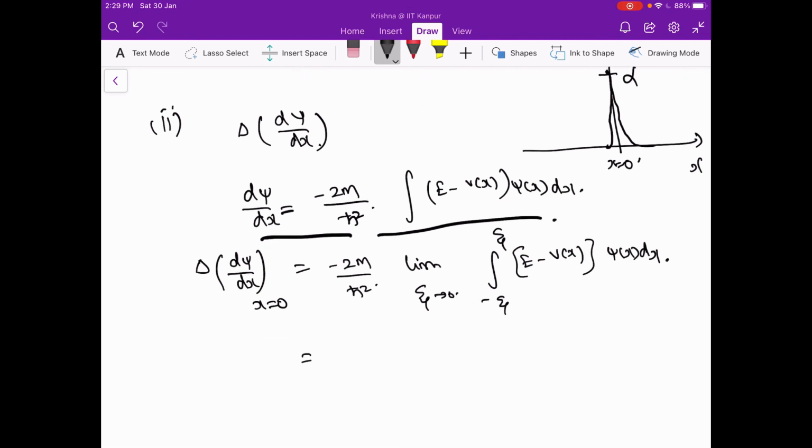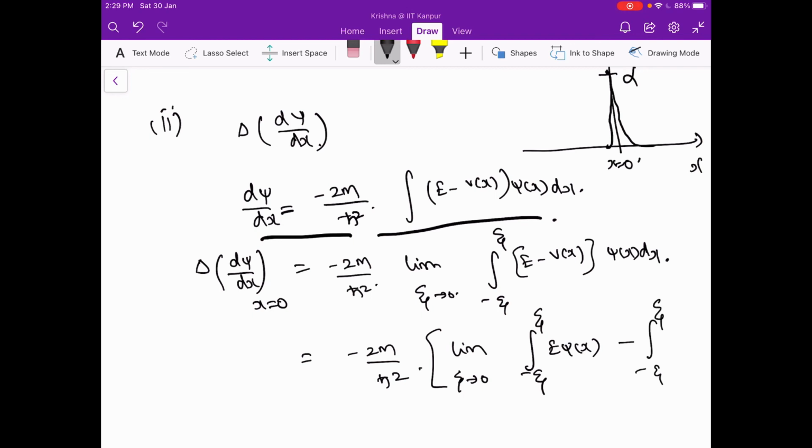Now here it's easy to see, minus 2m by h bar square, this integral you can split into two. Limit chi tending to 0, integral from minus eta to eta of e psi of x, minus integral from chi to chi of v of x psi of x dx.